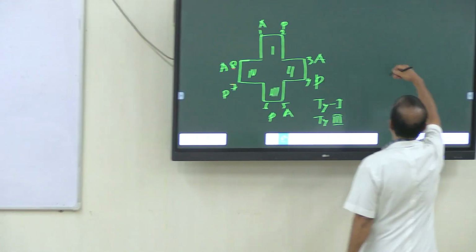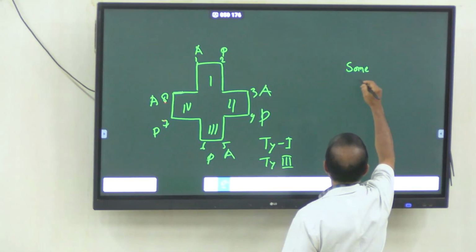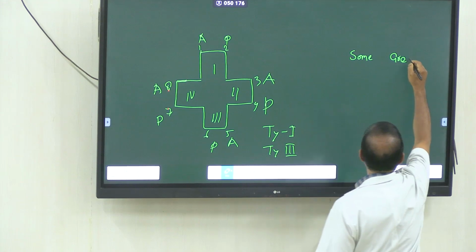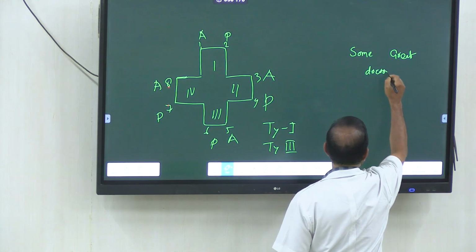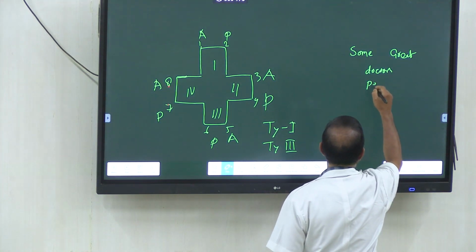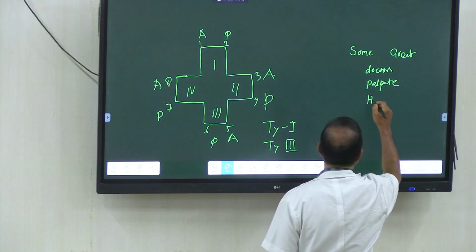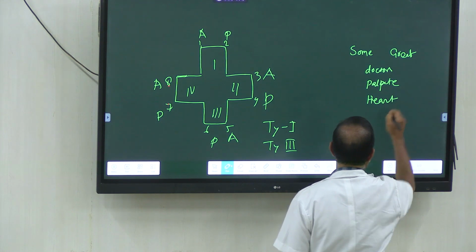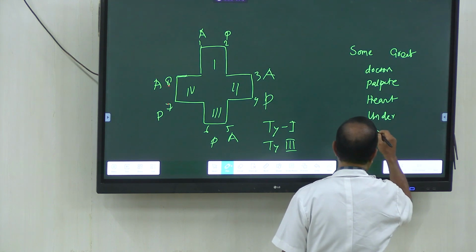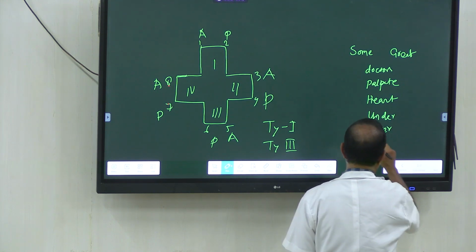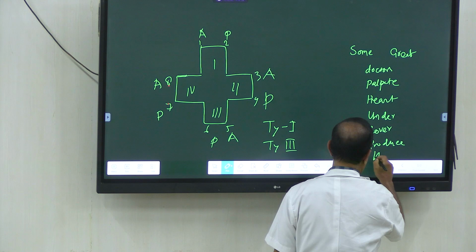You might have seen some great doctors palpate the heart under cover to produce heme.